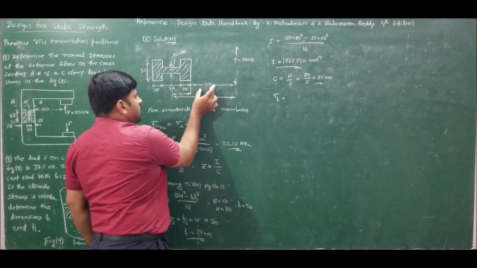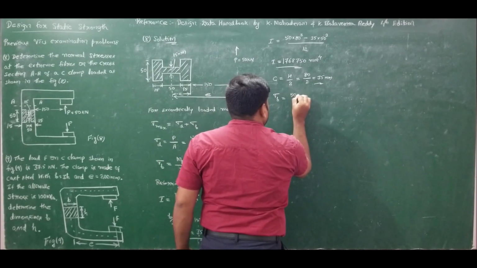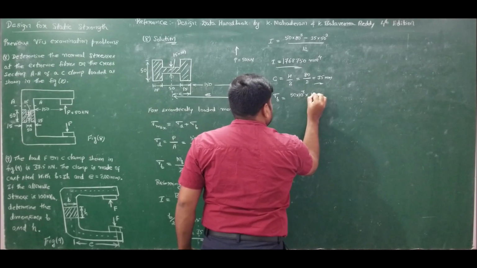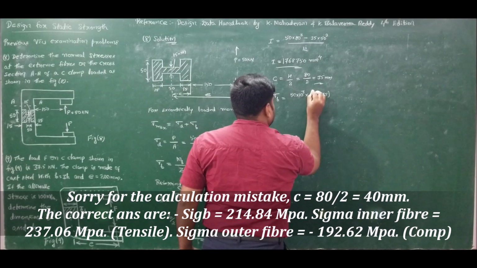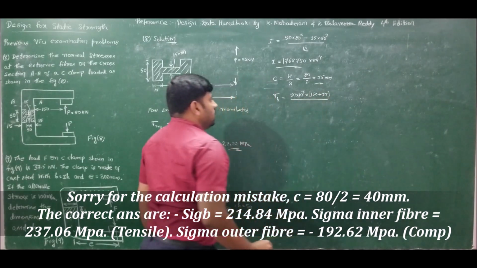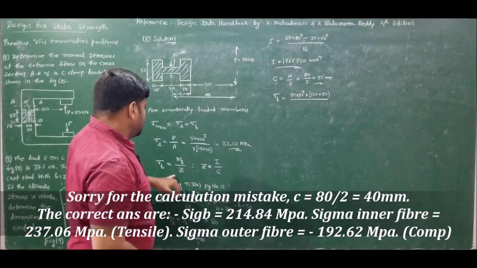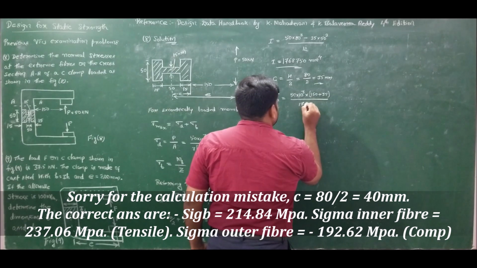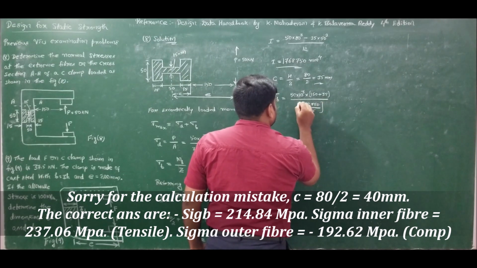So eccentricity is 150 plus 35. So bending moment will be 50 into 10 to the power of 3 into eccentricity, which is 150 plus 35. This is the value of E. P into E divided by Z. Z is I by C, which is nothing but 1768750 divided by 35.